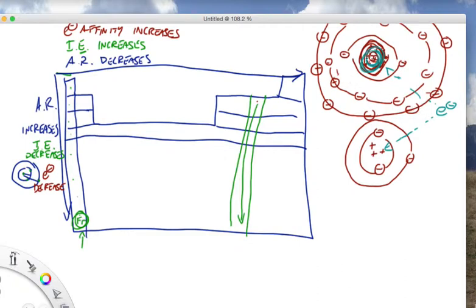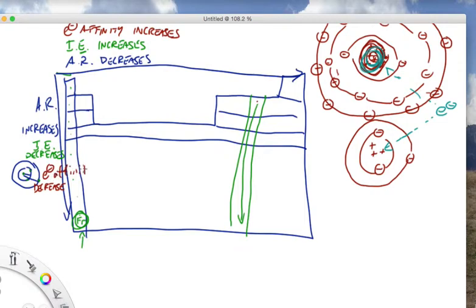And there would be, of course, an extra few protons in the middle here. Even though there's a larger amount of protons in the middle here, because there is extra shielding going on and there's an extra distance between the protons and a passing by electron, then this electron would be more attracted to something like fluorine rather than chlorine. Okay? So as you go down the periodic table, the electron affinity decreases. I should say affinity right here.